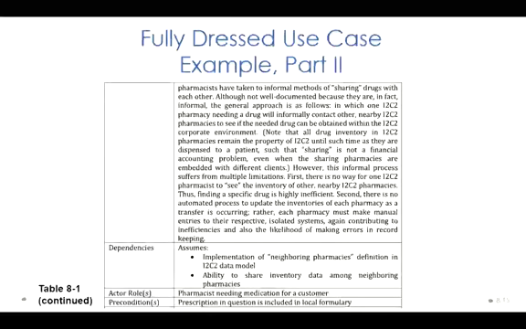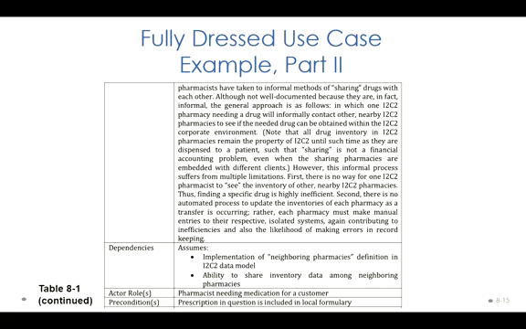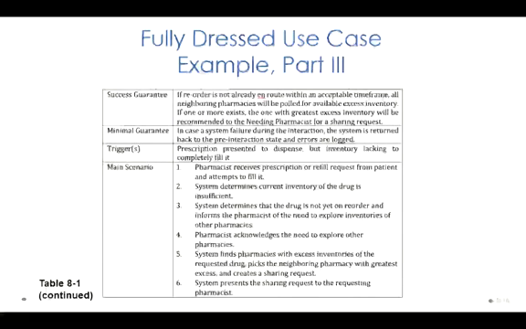The central part of this particular document, as you can probably see, the longest description is on the part called the scope, context, and background. And this is a very high level use case narrative. And the second most important part is on the next page, called the main scenario.